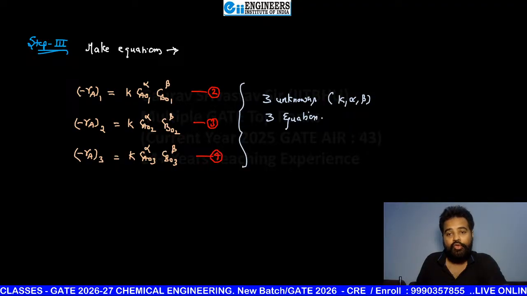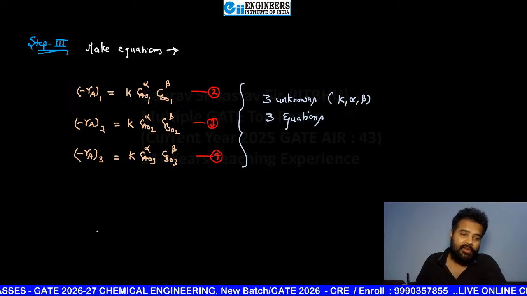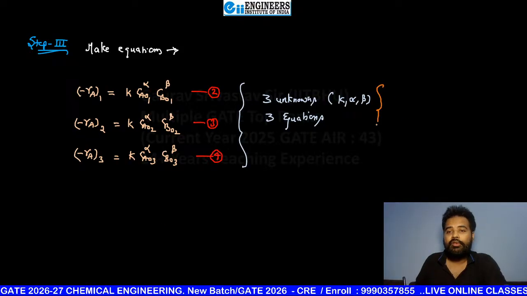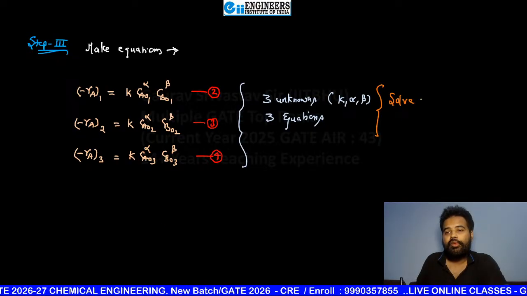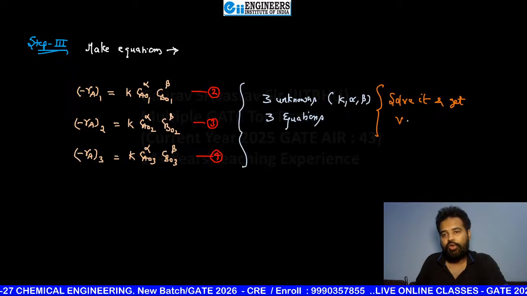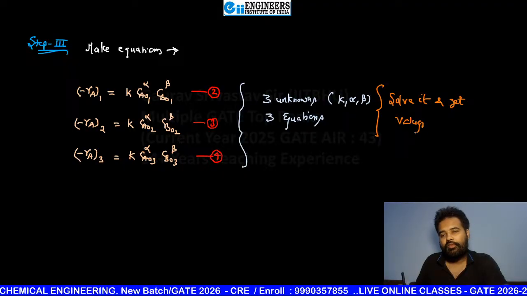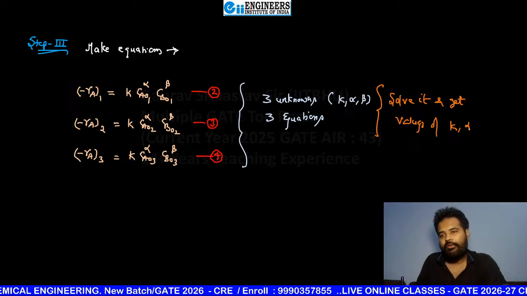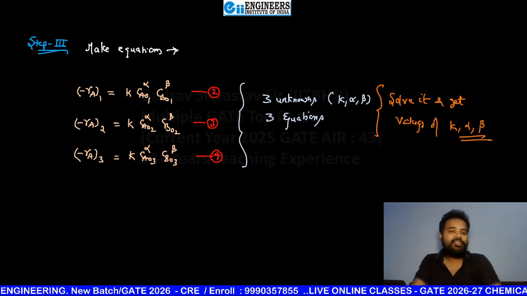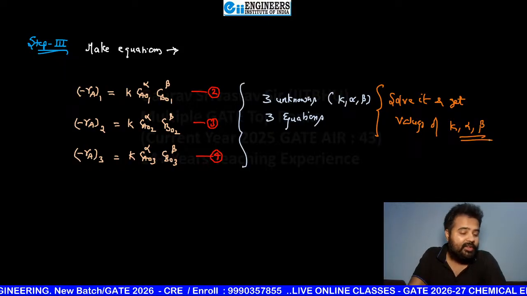So if the number of unknowns equals the number of equations, then just solve it and get the values of K, alpha, beta. That's it. Done. So this initial rate method is also very easy.